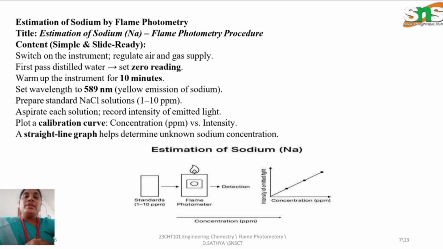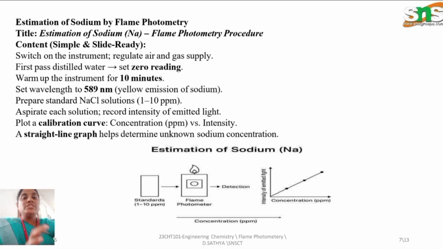One example is the estimation of sodium by flame photometry. First, switch on the instrument and regulate the air and gas supply. First pass distilled water, set the zero reading, and warm up the instrument for 10 minutes. Set the particular wavelength of 589 nanometers, because sodium emits yellow emission.